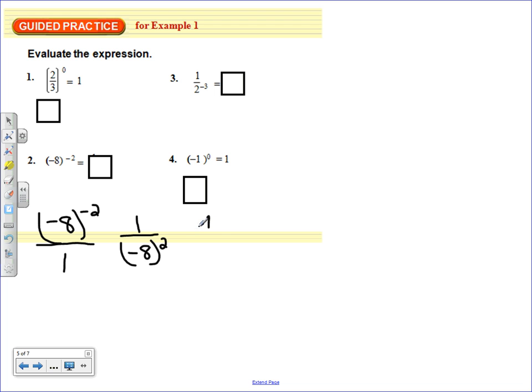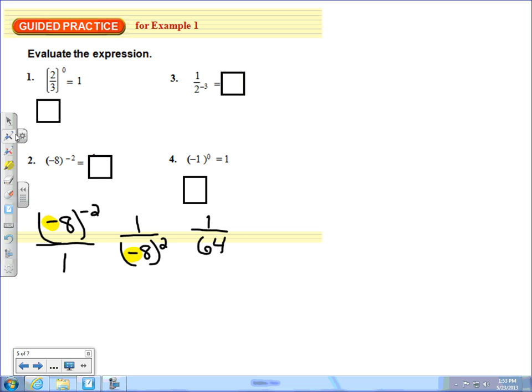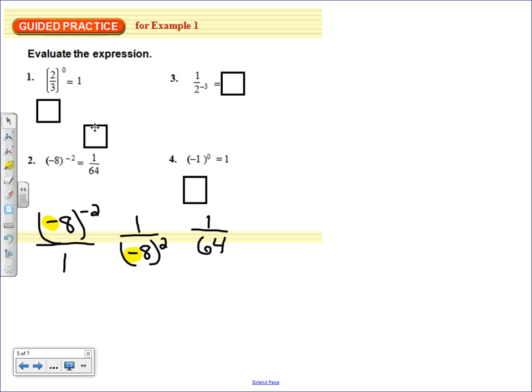If I work this out, 1 over -8 squared, -8 times -8 is 64. I want to highlight here that this negative sign isn't going away. The reciprocal changes my exponent from negative to positive. The sign on the number does not change. So our answer here should be 1 over 64.